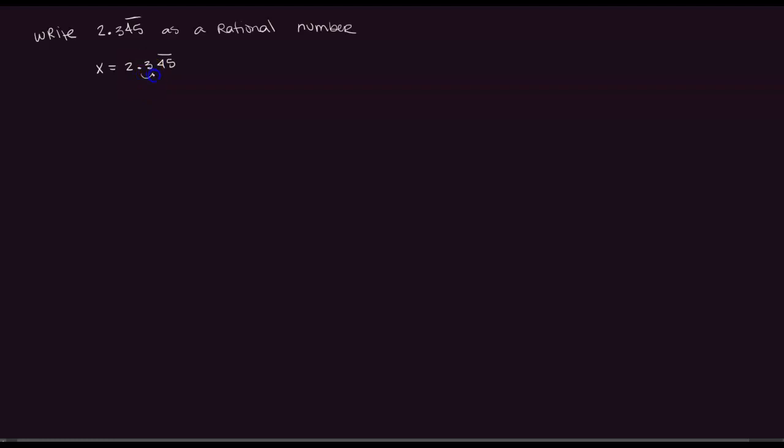So I would need to move it 1, 2, 3 times. So I need to multiply by 1,000. That would give me the equation 1000x is equal to 2,345.45 repeating.